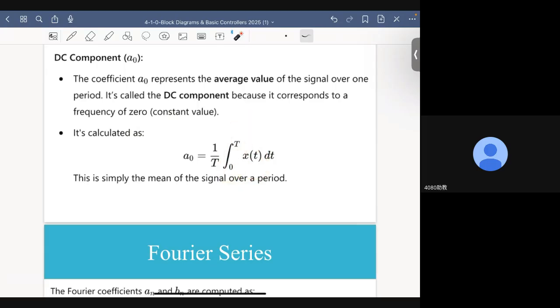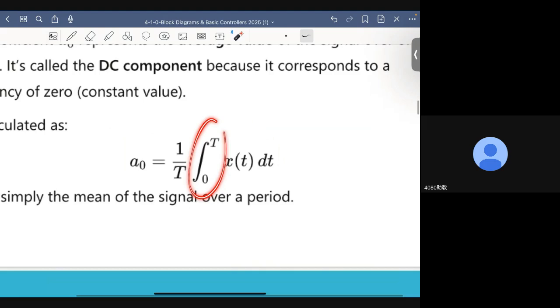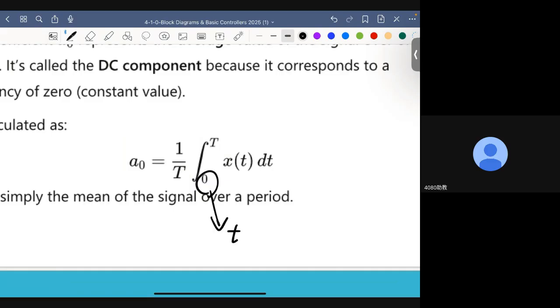Okay. Another thing is it doesn't have to go from 0 to T. It can go from any particular t1 to t1 plus T, as long as it covers one complete period. Because when it comes to a periodical function, there is no such thing as the end of the period or the beginning of the period, because every point can be the beginning of a period.